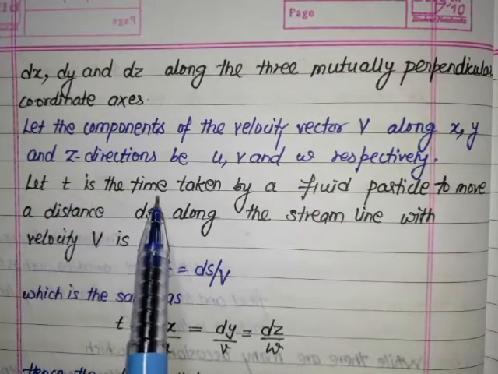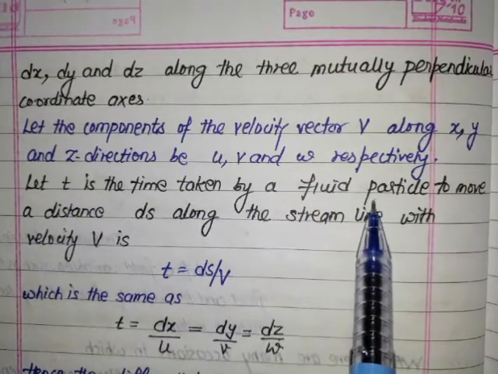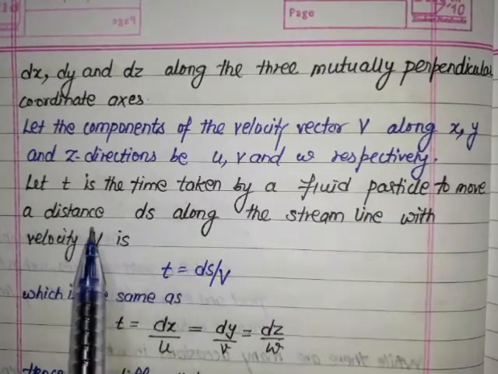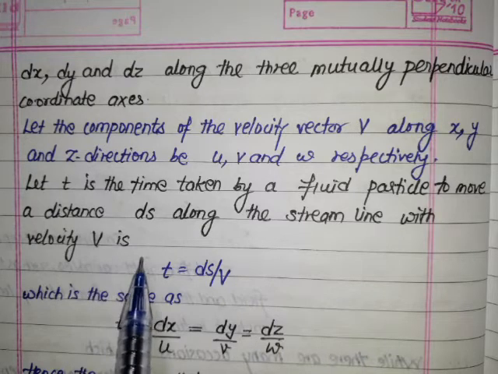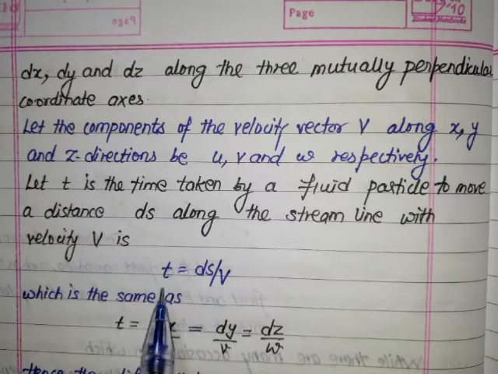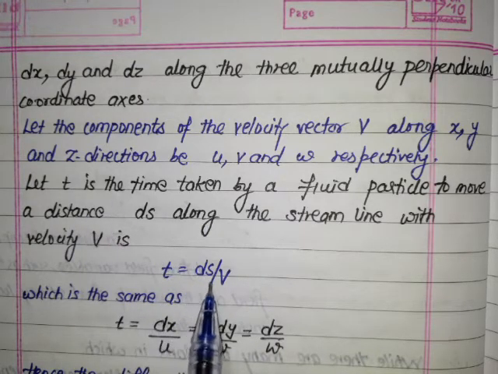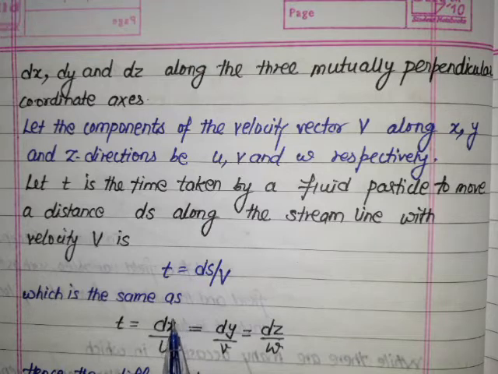Let t be the time taken by a fluid particle to move a distance ds along the streamline with velocity v. So t is equal to ds upon v, that is distance upon velocity, which is the same as t equal to dx upon u, equal to dy upon v, equal to dz upon w.